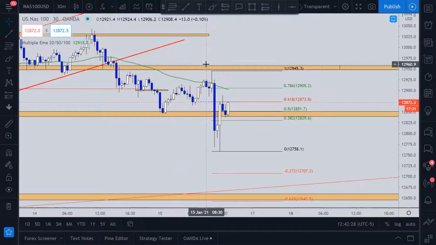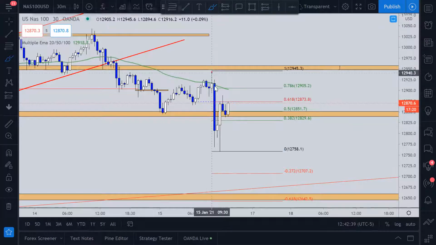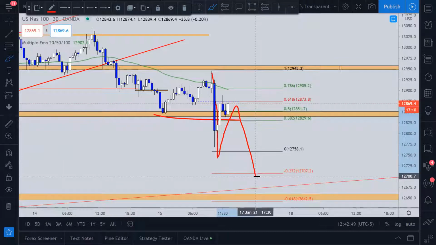First of all, with the setup I'm talking about, the three confluence setup, you want to see a clean break of the level, and then a return to the level, and then a continuation of the original direction, which is the direction of the trend.